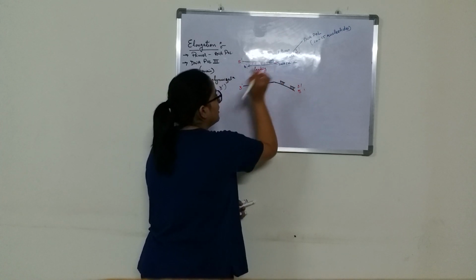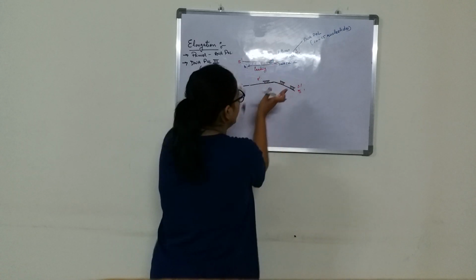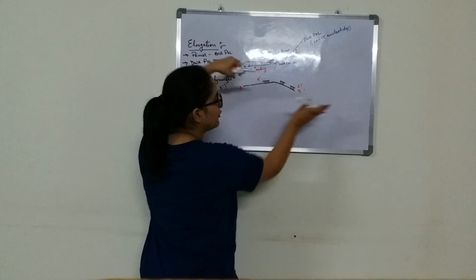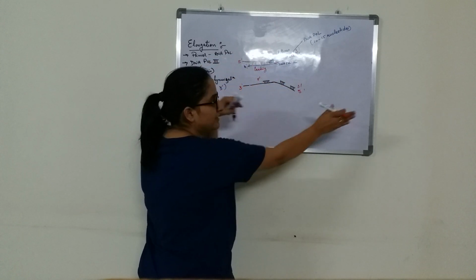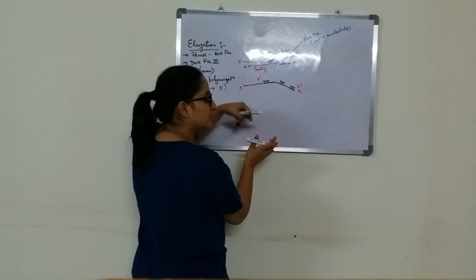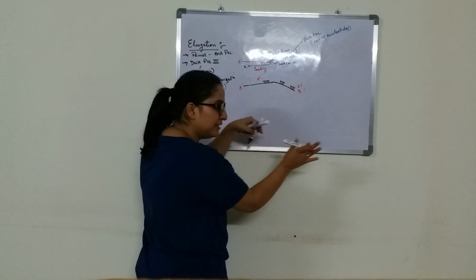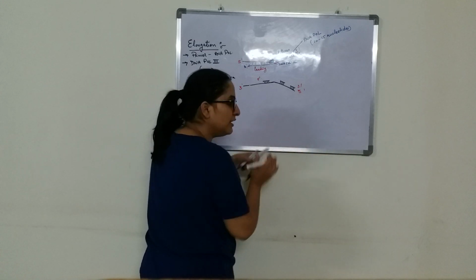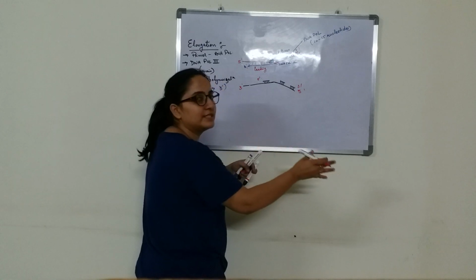Since it has made the loop, it has come a little forward, and it can act. DNA polymerase can add its nucleotides in both the strands simultaneously, but the direction of adding nucleotides will be opposite. It will work simultaneously but in opposite direction.